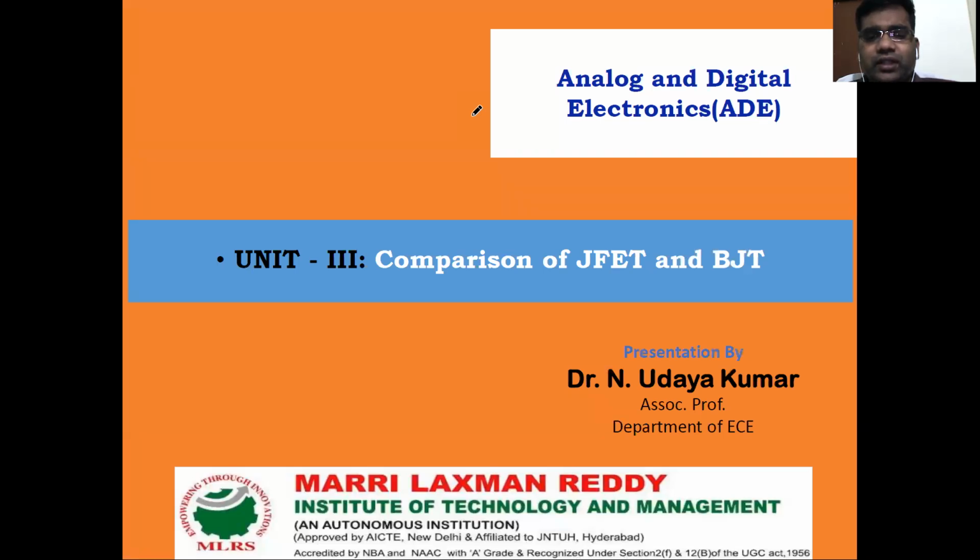BJT is a 3-terminal device and FET is also a 3-terminal device. The 3 terminals of a FET are named drain, source, and gate. Out of these terminals, the gate terminal acts as the controlling element.